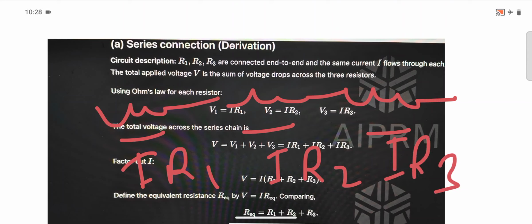In series, current is same. Now, this is voltage drop across R1, R2 and R3. Now, total potential difference is V.